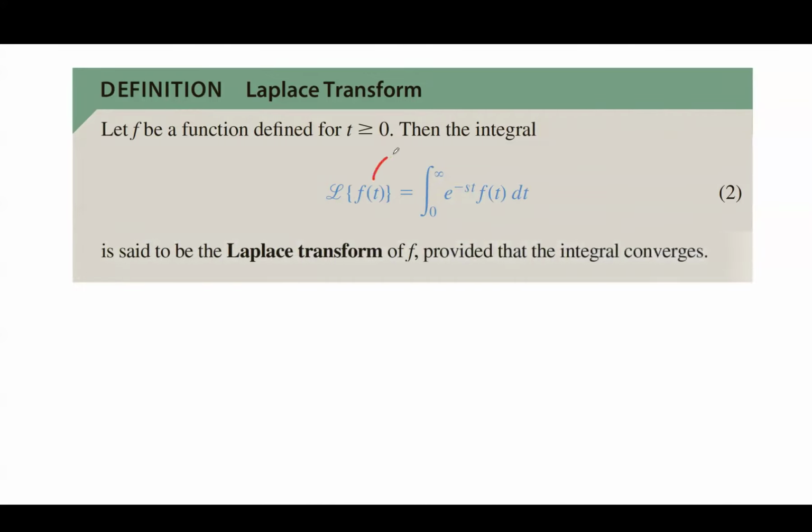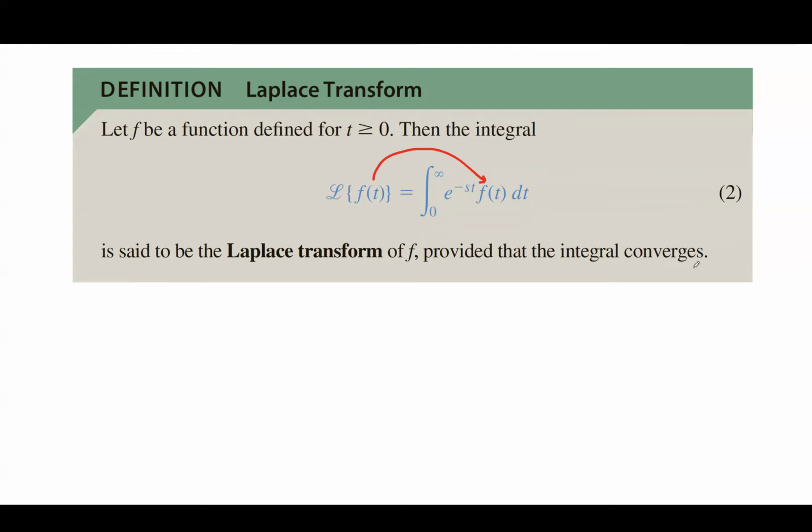So please pay attention: your f of t is repeated inside your integral, and here you have e to the power negative st multiplied by f of t. This is called the Laplace transformation of f, provided that the integral is a convergent integral.